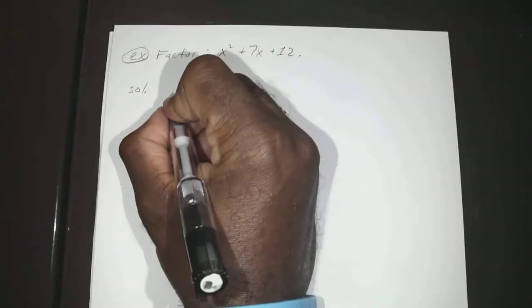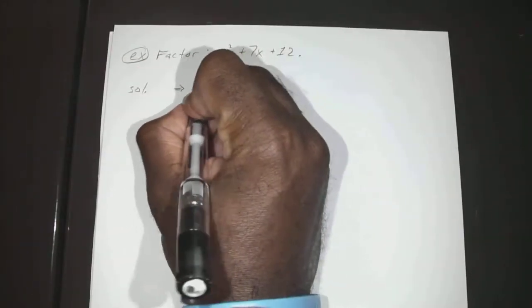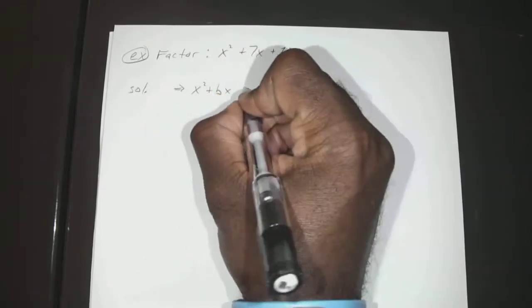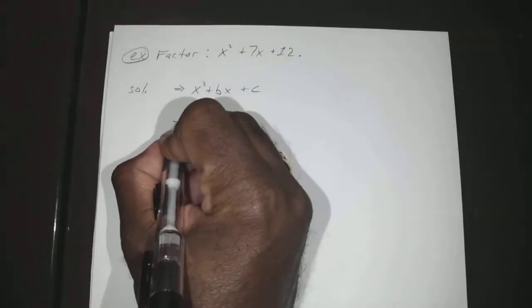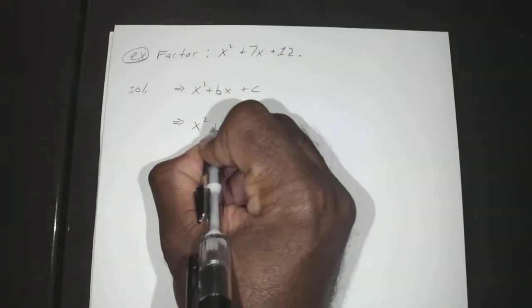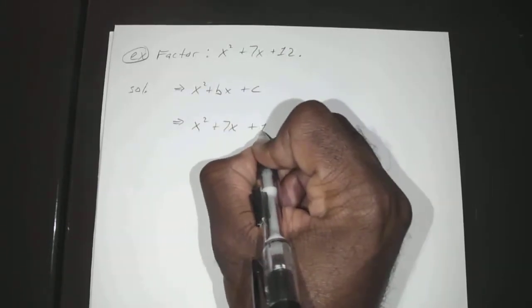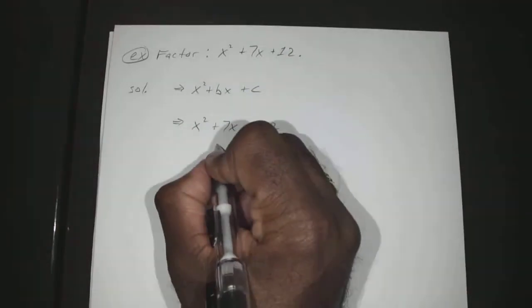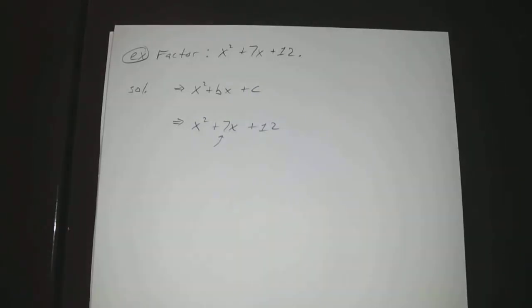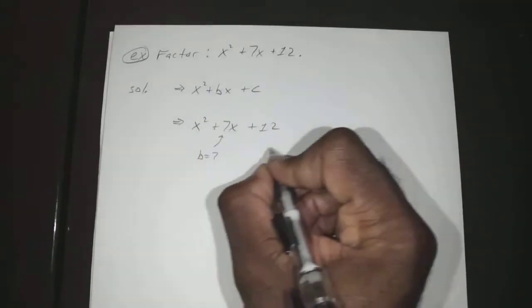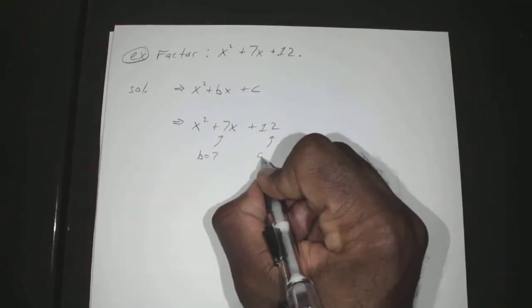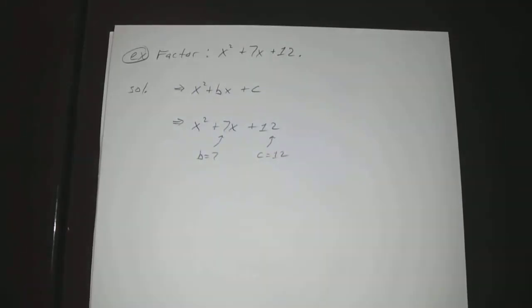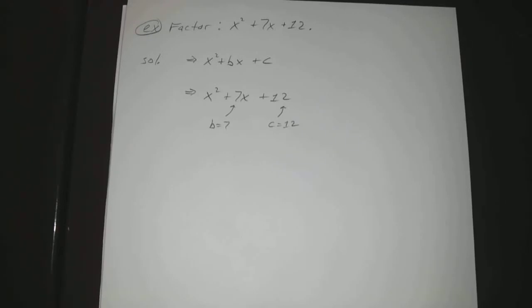Remember, it's in the form x squared plus bx plus c. So that means for your x squared plus 7x plus 12, your b is equal to 7, and your c is equal to 12.